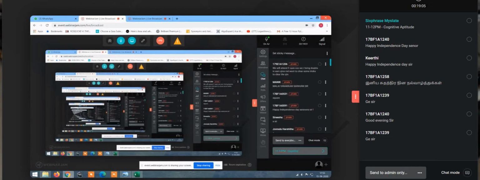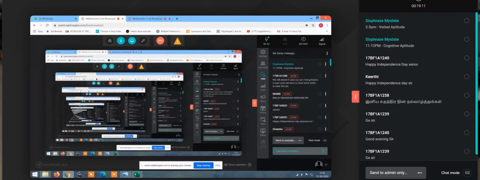Cognitive aptitude in the morning, and 2 to 3 p.m. you have verbal aptitude.